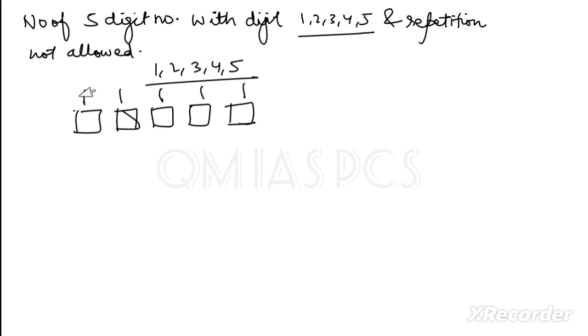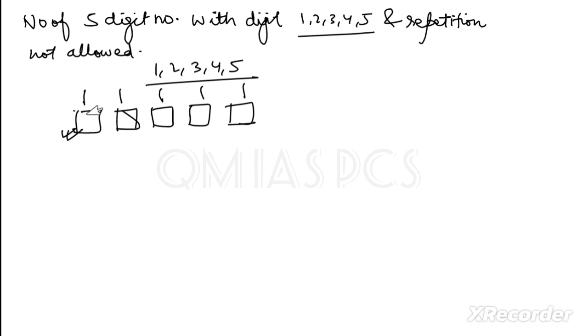What is the total number of ways, total number of digits that can be formed through 1 2 3 4 5? See, in the first box, how many digits can we fill? Here in this box we can fill any number: 1 2 3 4 5.